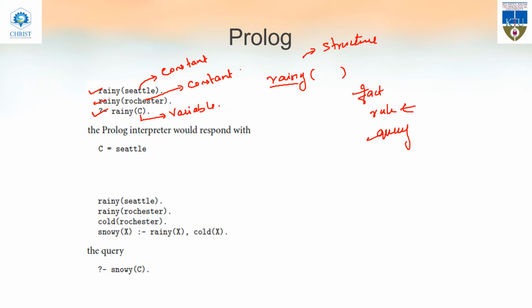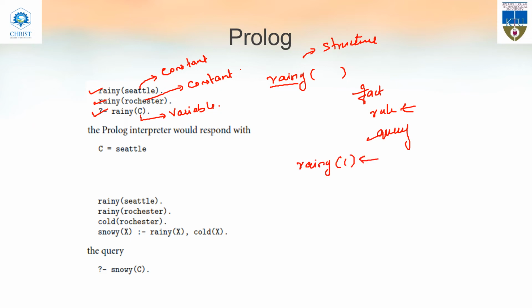Rainy of C, C is a variable. So all the atoms to which it can correspond will be returned. Which all constants can C correspond to, which make rainy of C true.